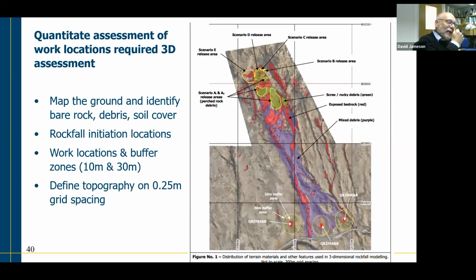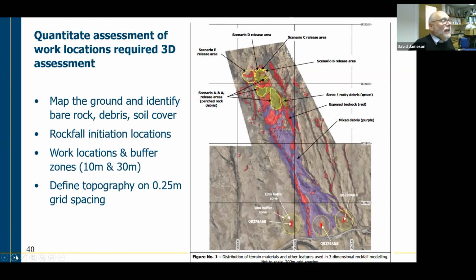You can see at the bottom of the plan the position of the 3 sets of temporary pylons, and the electricity board wanted a quantitative assessment of what the likelihood, what the risk would be to anybody working in and around those areas. And in order to assess that, we constructed buffer zones around the pylons, which were a 10-meter standoff and a 30-meter standoff.